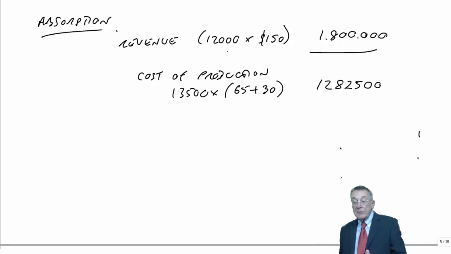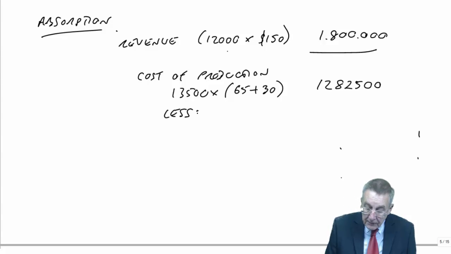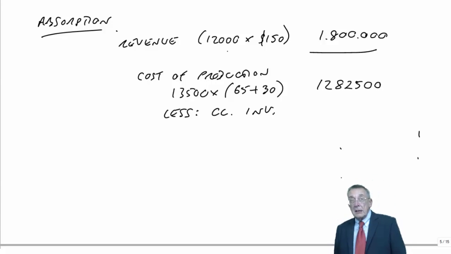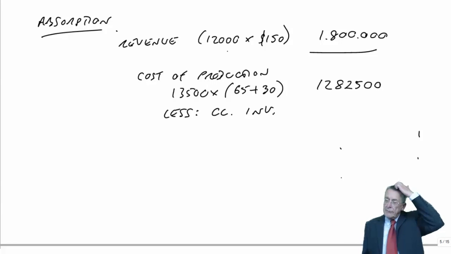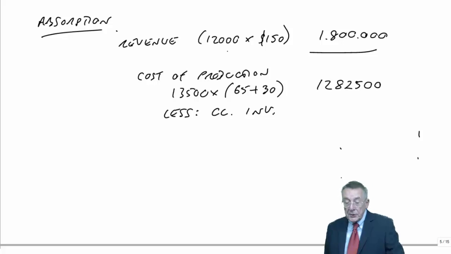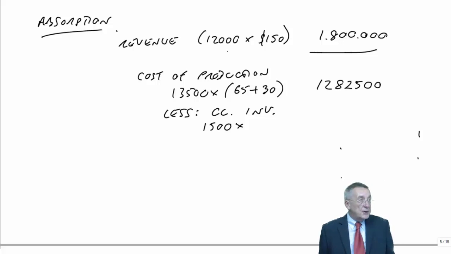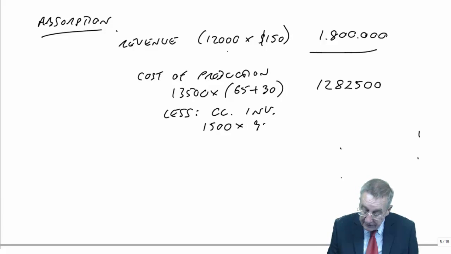But that would be the cost of the 13,500 produced. To get the cost of the 12,000 sold, we'd subtract the closing inventory. I said I'm assuming no opening inventory, even though it wouldn't affect things overall. But we've got closing inventory of 1,500 units. Under absorption costing, they're valued at 95.